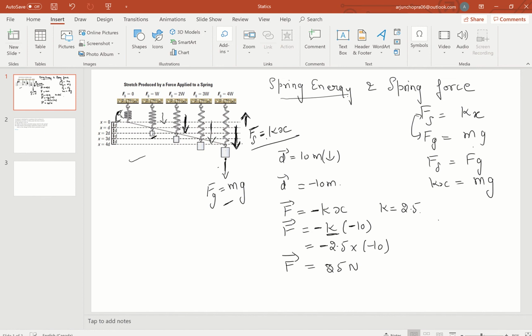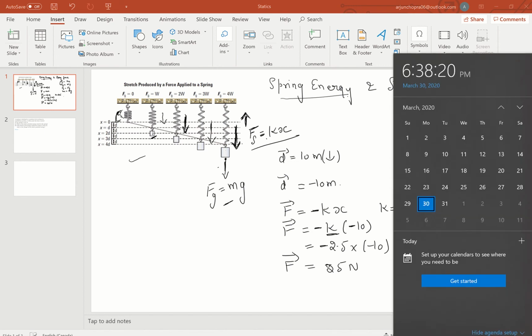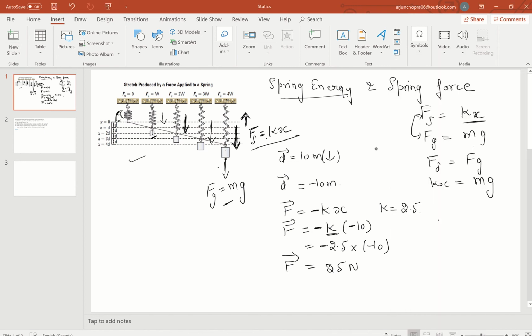Now you might have observed here I didn't use the negative sign. What I wanted to tell you is that if you're going to consider the displacement as negative, then you have to use the formula F equal to negative Kx. If you don't use the displacement as negative, you just put the value as 10, then you don't need to put the negative sign in front.